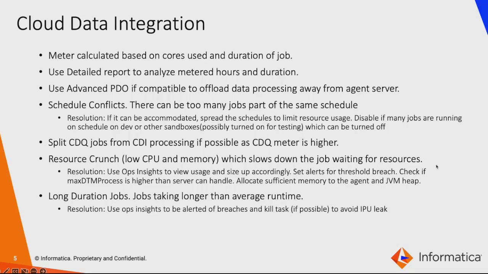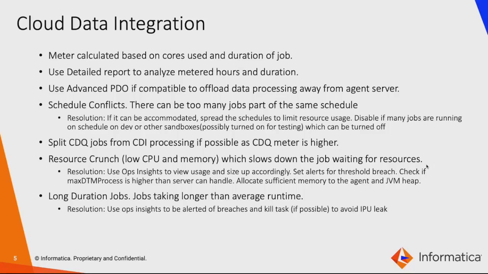Now, the first place to start your analysis on optimizing or making your IPU consumption more efficient is going to be the detailed report, right? The detailed report is available for you from the metering dashboard in Admin console. So once you get to the detailed report, you'd be able to see the jobs that are consuming the highest number of IPUs and see how you can optimize the high consuming jobs, right?